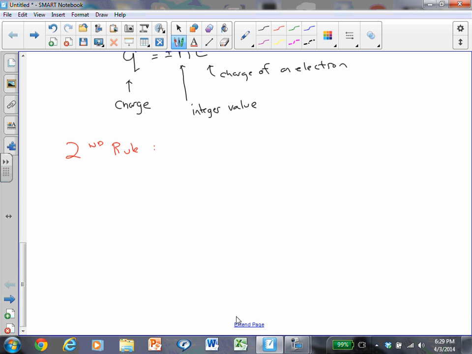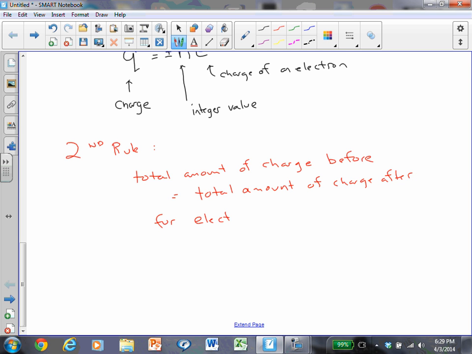The total amount of charge before is equal to the total amount of charge after for electrical interactions.